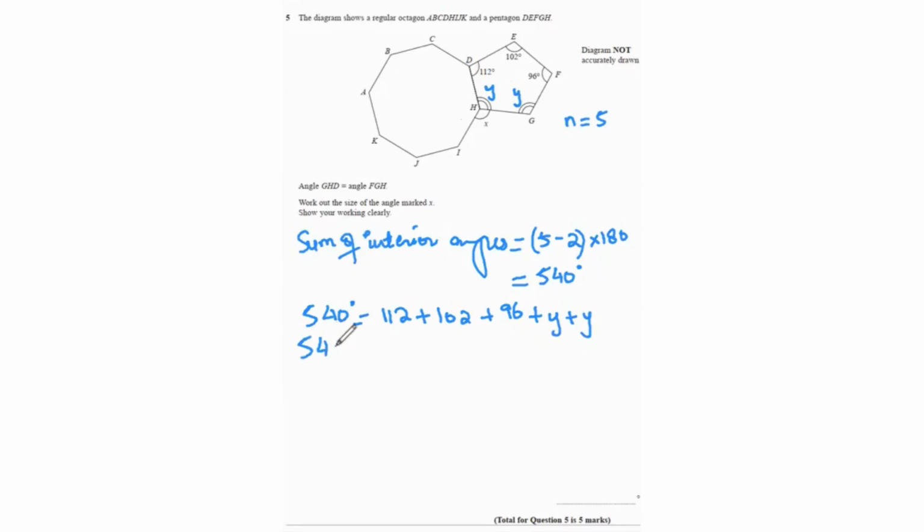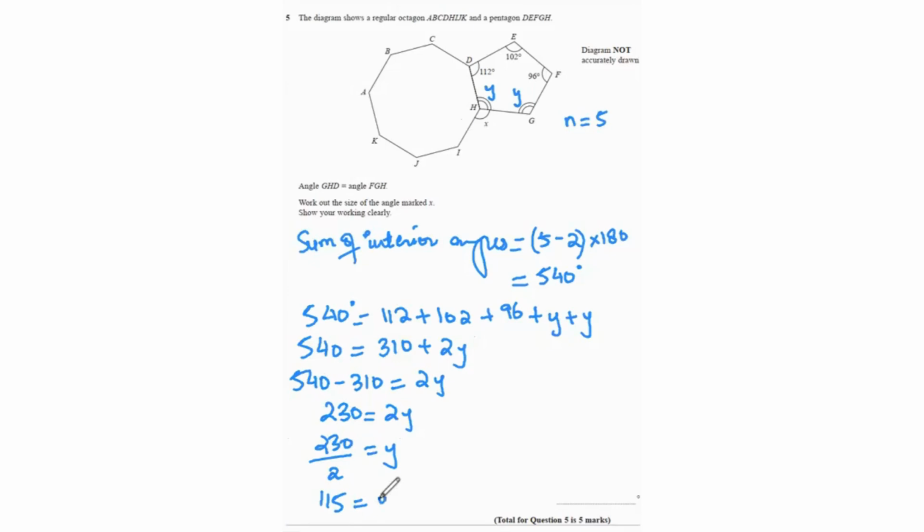So 540 equals 112 plus 102 plus 96, that's 310, plus 2y. Then 540 minus 310 equals 2y, which is going to give us 230. So then 230 divided by 2 is y, and that's 115. That is the value of y.